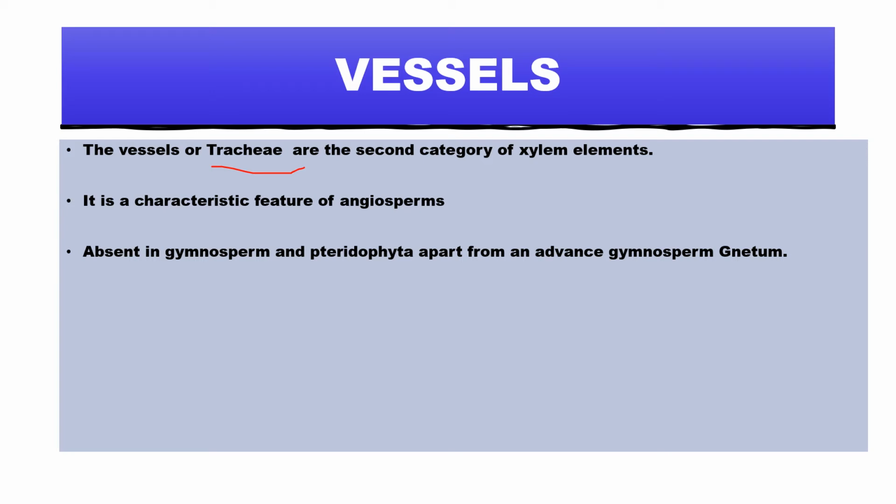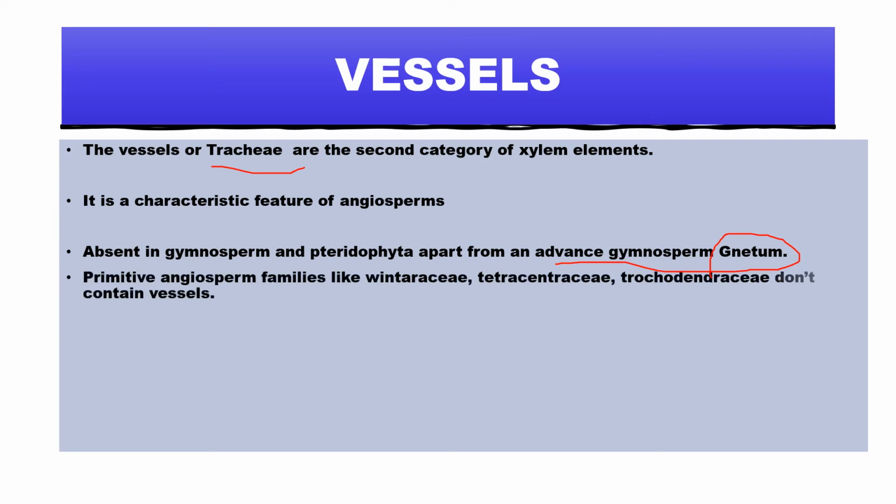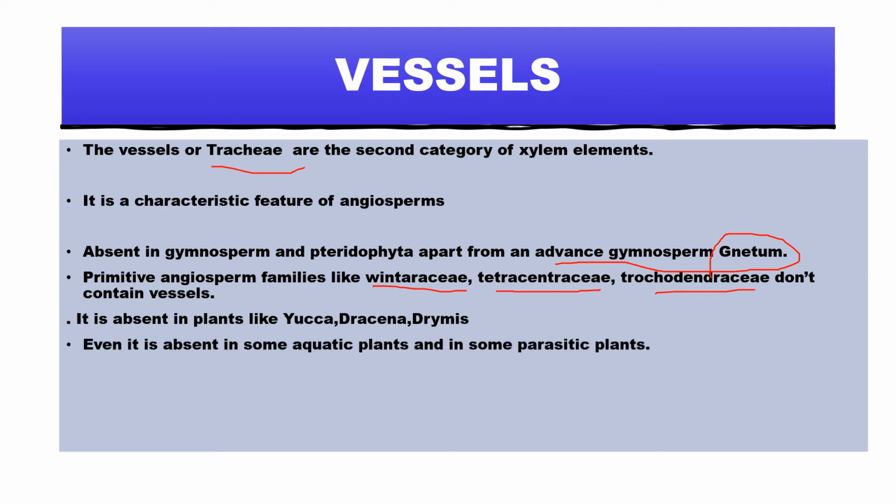It is absent in gymnosperms and pteridophytes, apart from some advanced gymnosperms like Gnetum. Gnetum is an advanced gymnosperm which is known as a connecting link between gymnosperms and angiosperms. But in some primitive angiosperm families like Winteraceae, Tetracentraceae, and Trochodendraceae, we do not find vessels. Vessels are also absent in plants like Yucca, Dracaena and Drimys.